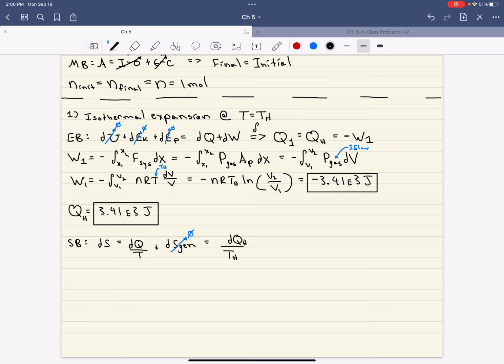Negative dW. Since this work is just the mechanical work, our negative dW would then just be this. Once again, we know that F system is equal to P gas times the area of the piston.